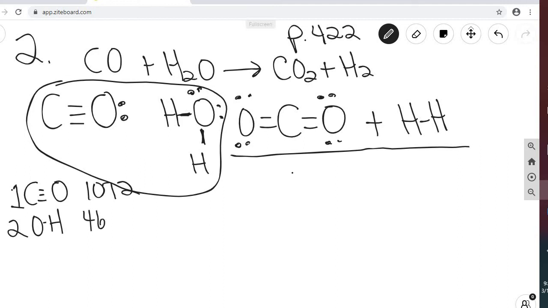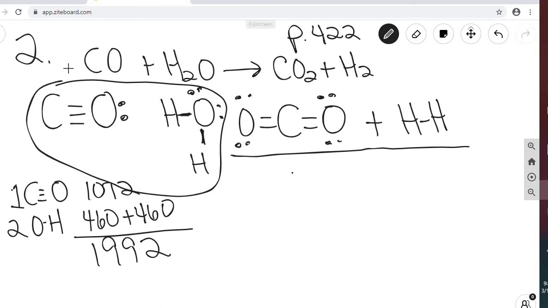So the energy of breaking the bonds is 1072 plus 460 plus 460, which is 1992.